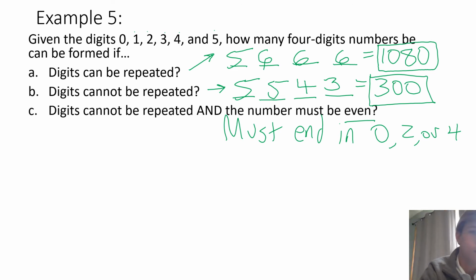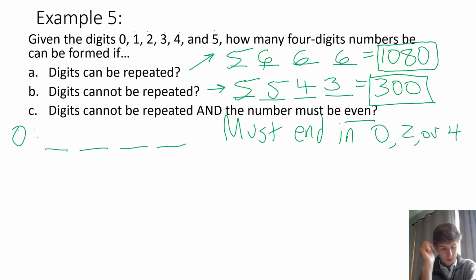Okay, so let's get the first one, ending in 0. So we'll have 4 digits. All right. So if it's ending in 0, that last number is locked in as 1. Our first digit can be any of the numbers 1, 2, 3, 4, or 5. It cannot be 0. So there'll be 5 options for the first one.